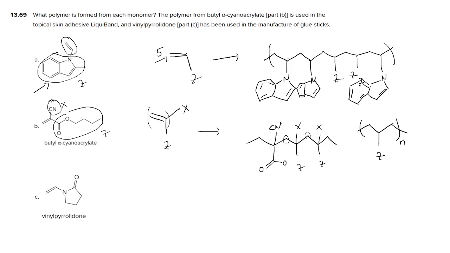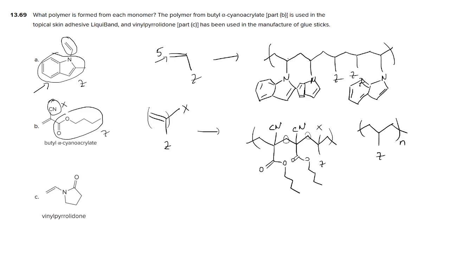We have 4 carbons, so 1, 2, 3, 4. Basically this will be repeating. Again, we can just add one more. Again, this will be the cyano group and this will be the ester group, 1, 2, 3, 4. So it will keep repeating. I'm not going to label each one.